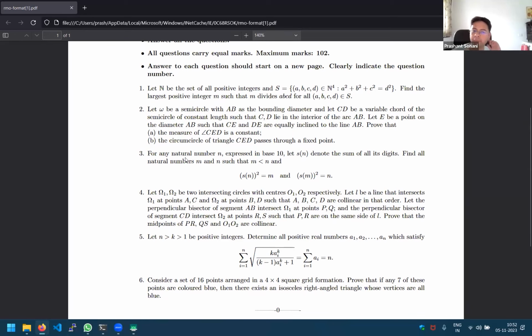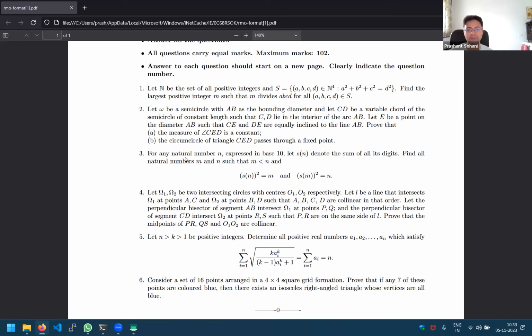Question 3 has some part of trial and error, but doing that smartly is the skill that we are testing. Are you able to apply the estimation, get the number of cases reduced to a finite number of things to check? So those things were checked. Overall, it was a good mix of various kinds of questions.